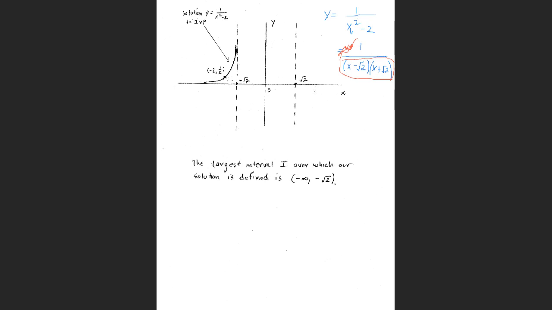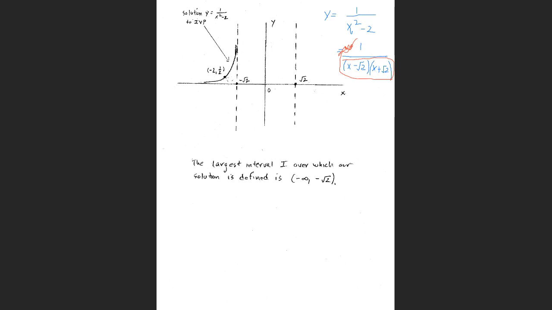In other words, what's the domain of that function? What x values are excluded from the domain? Negative root 2 and root 2. That's exactly right. And I'll answer your question in a moment.